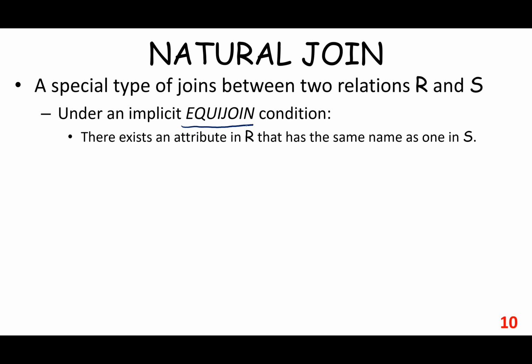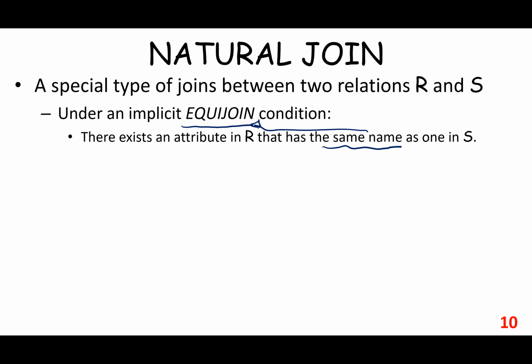There exists an attribute in R that has the same name as one in S. Two different tables happen to have this special property: they have one column in each table with the same name.